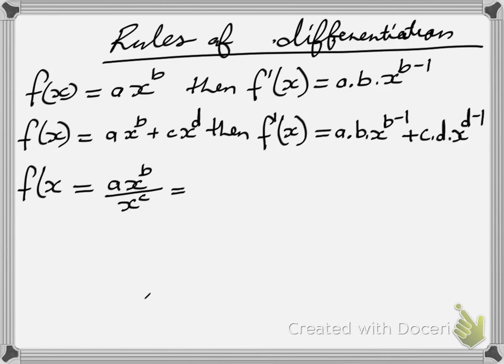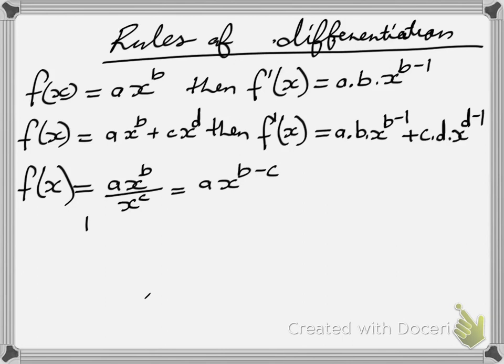So let's say you are given a fraction, and they ask you to differentiate. The first thing you must do is write the fraction in line format. What do we mean by line format? If you are given ax to the power of b divided by x to the power of c, when we write it in line format, we use the laws of exponents. We write it as ax to the power of b minus c.